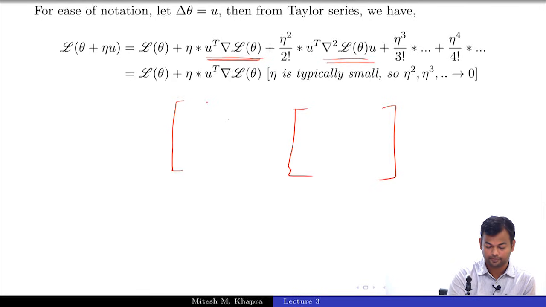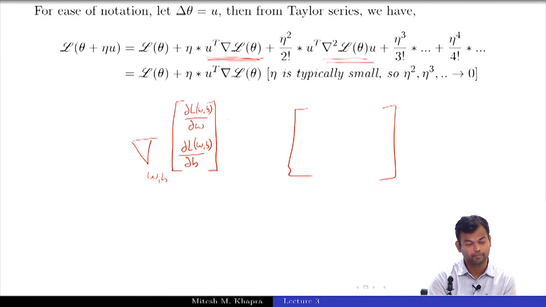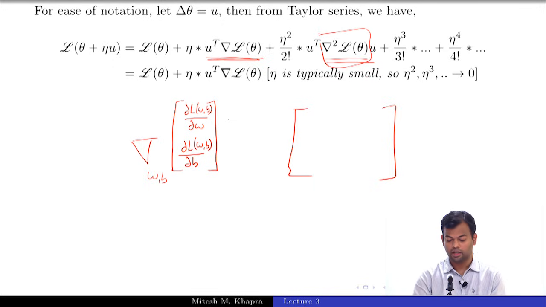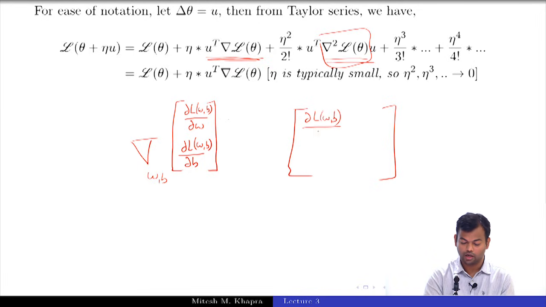You had this gradient. Now you want to take the gradient of this again with respect to W comma B, right? That's what this means. It's a gradient of the gradient. So what that means is you'll take the derivative of the first quantity again with respect to W, so that would be dou square by dou W square.